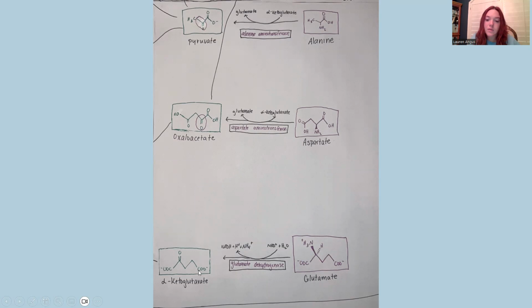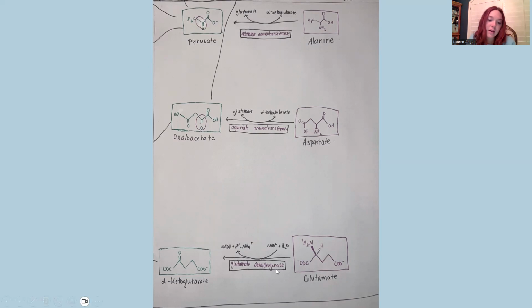To get alpha ketoglutarate, you take glutamate, goes through this process here. These three things are naturally found in our body. They are non-essential amino acids, so our body can just kind of make them whenever they are needed.